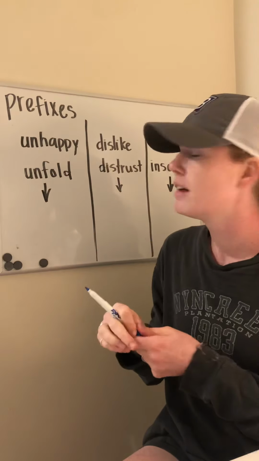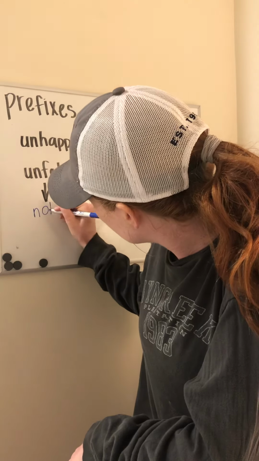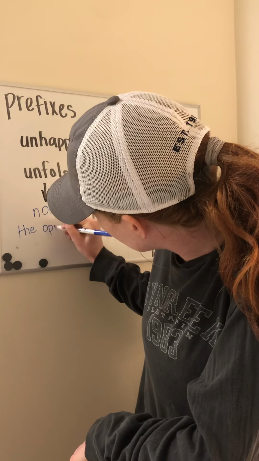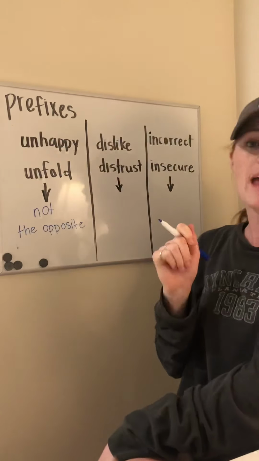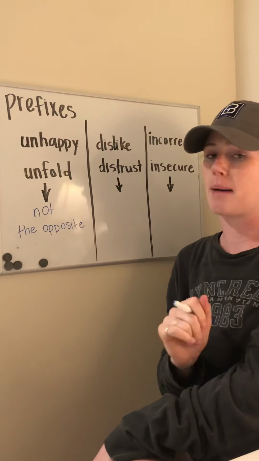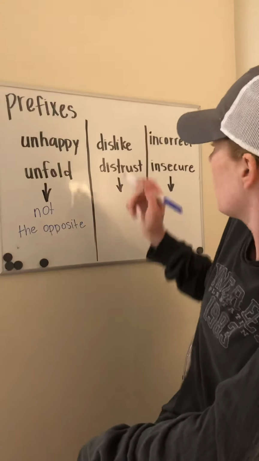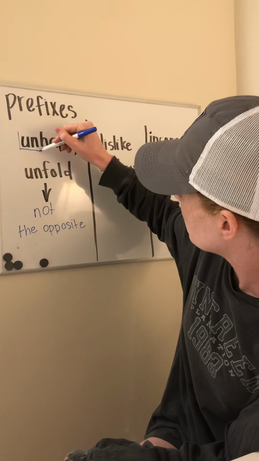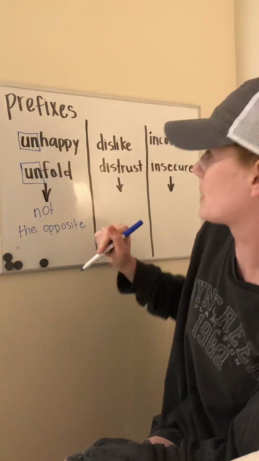So when it comes to making words, un means not or the opposite of that word, right? Because if I say I'm unhappy, I'm the opposite of happy. I'm sad or I'm angry. I'm not happy though. So you would box out un and un. Those are our prefixes right there.